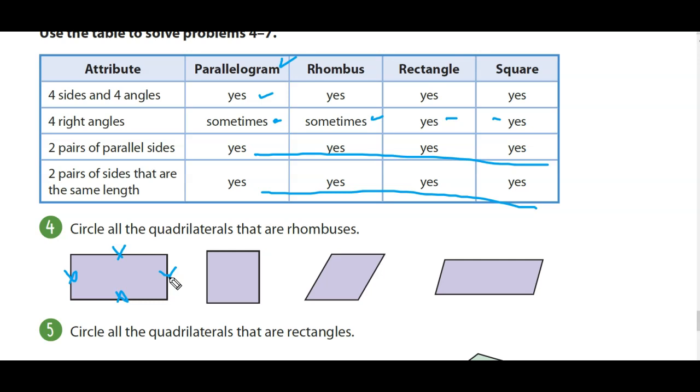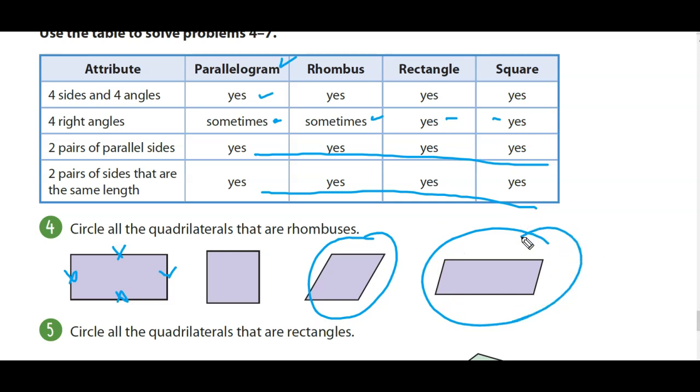So technically, all of them could be a rhombus. But a rhombus would be this one right here, if we want to be specific about it. And this one right here. And these two are special rhombuses as well.